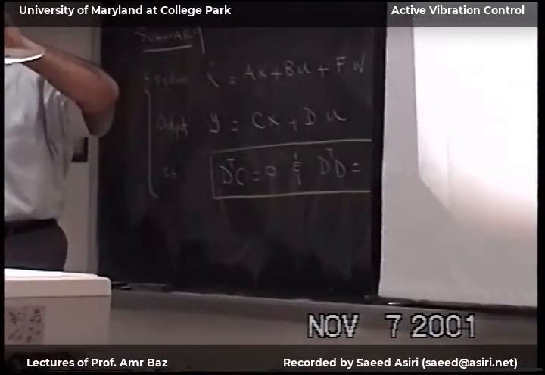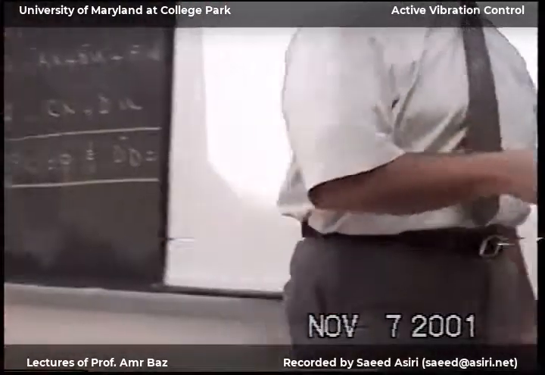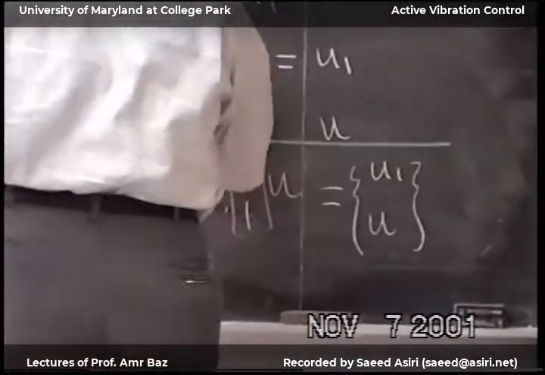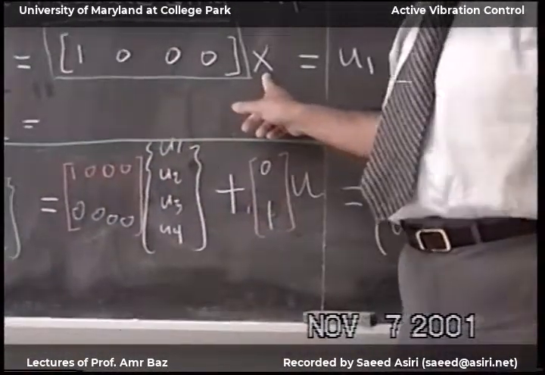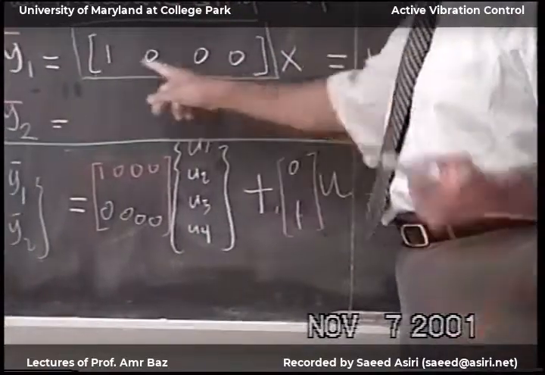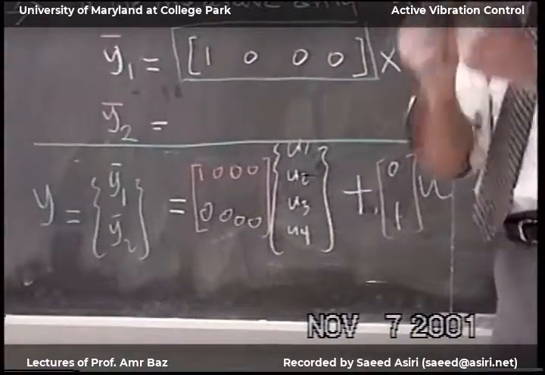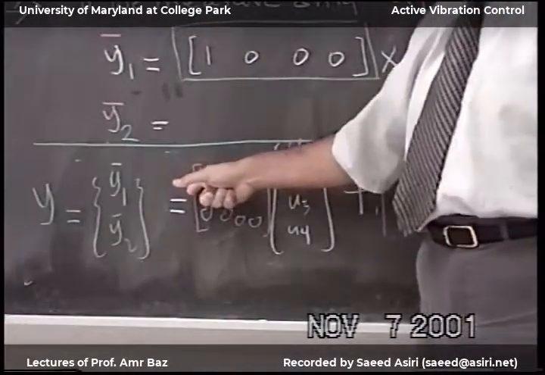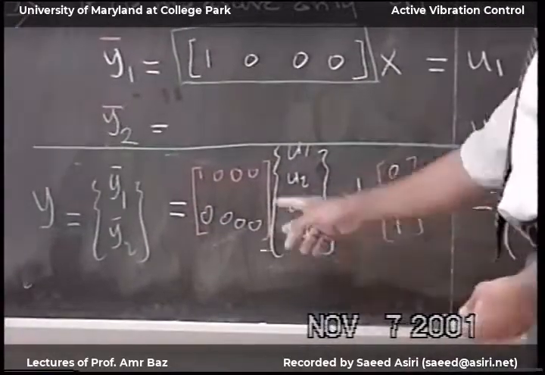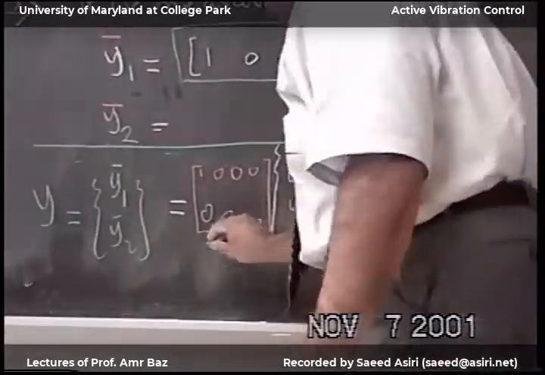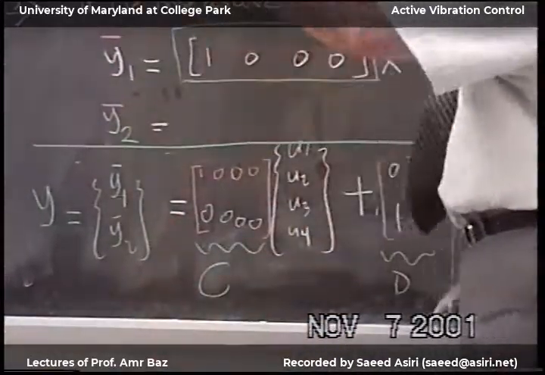These are not the C and the D that we are used to. In the LQR, this is what I call my measurement matrix, because I have all the states and I only measure one of them. In the H infinity, I have to have access to what I measure as a state and also my control effort. So now from here, this is my C and this is my D, and both of them satisfy these constraints.